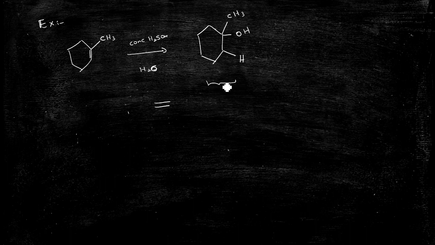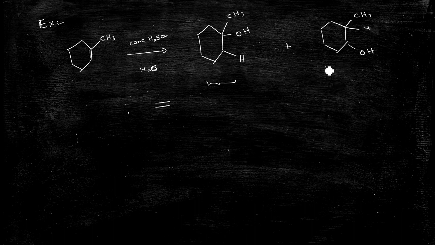If your particular paper asks for a minor product, you need to mention the other product as well, right? The product would come from the other carbocation, which is not the stable one. In that case, the hydrogen will attack over here, and OH will come and attack over here.